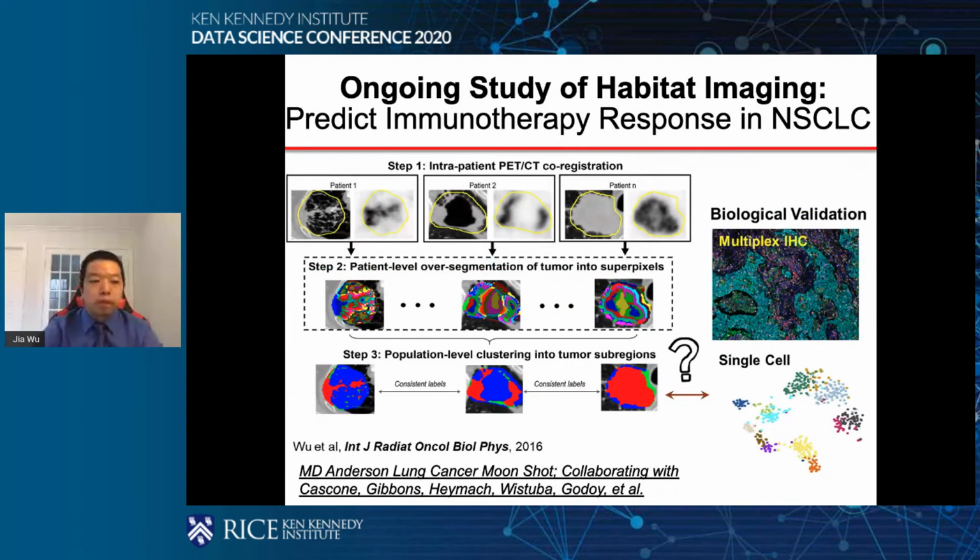Supported by the MD Anderson lung cancer moonshot, we are using this idea to also predict the response to immunotherapy in lung cancer patients. And moreover, by correlating this imaging with the immunogenomic data, we are going to explore the lung tumor microenvironment that gives rise to these habitats.